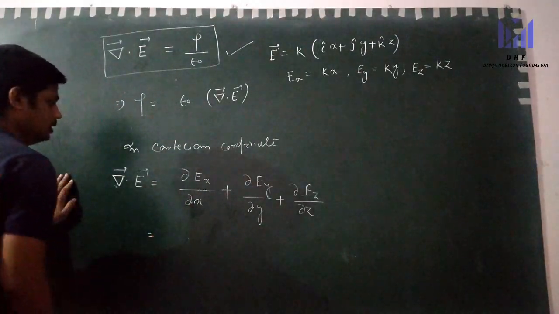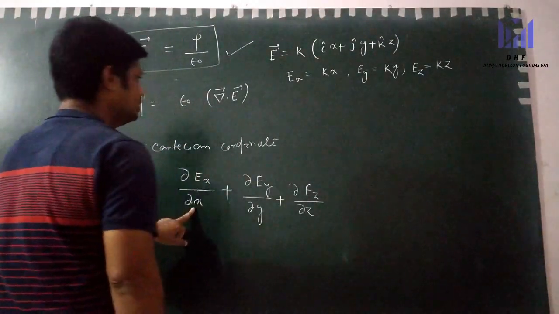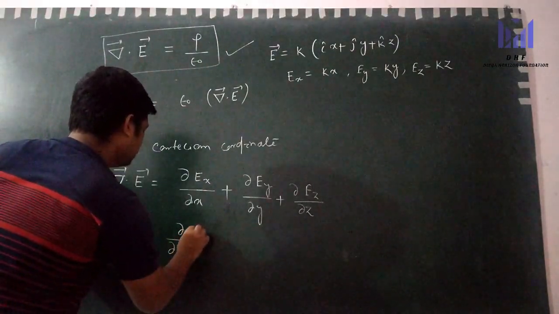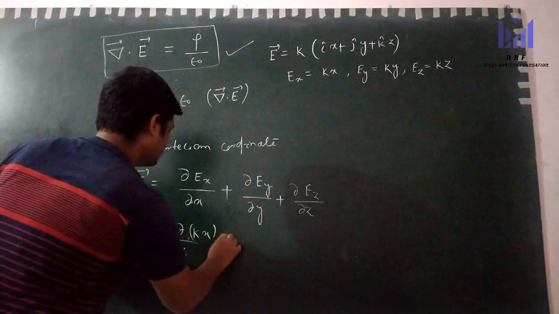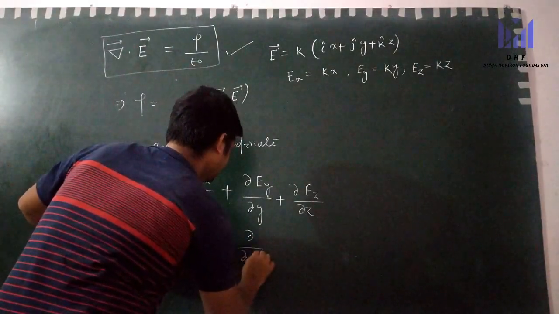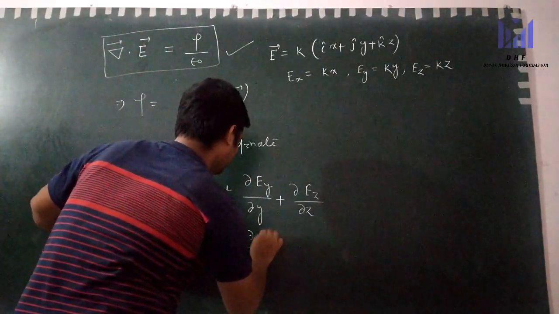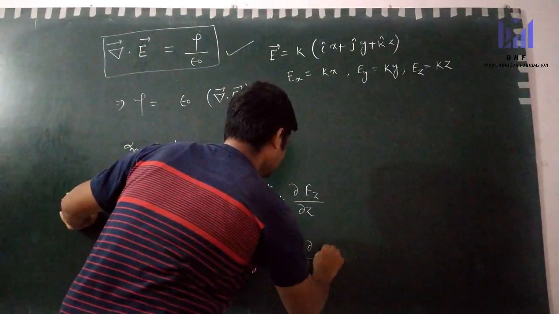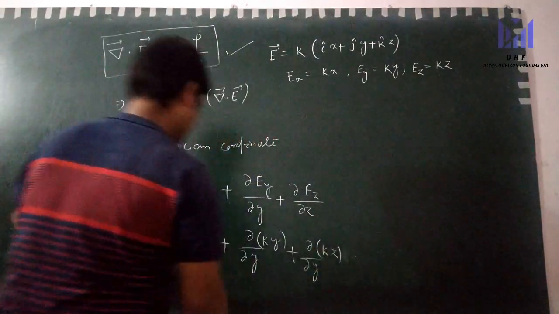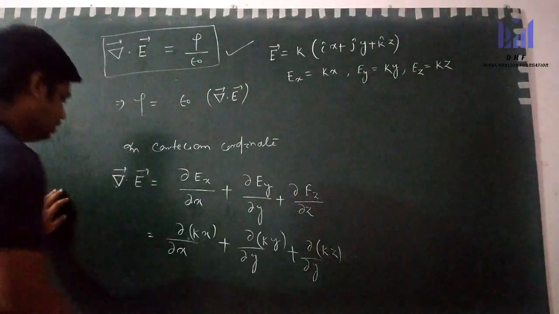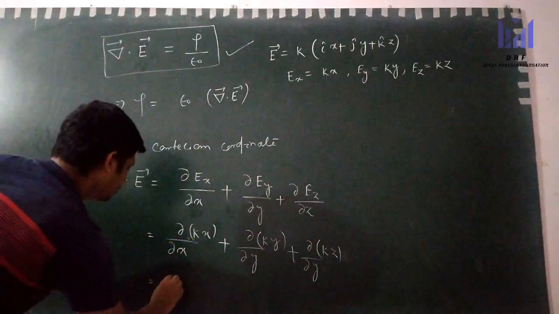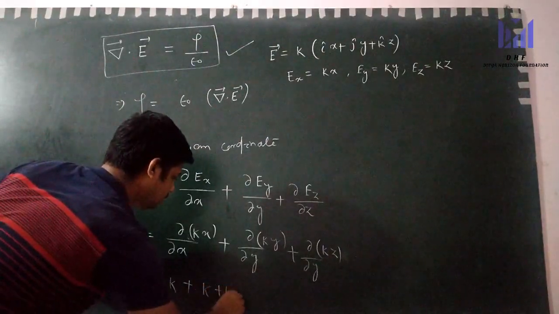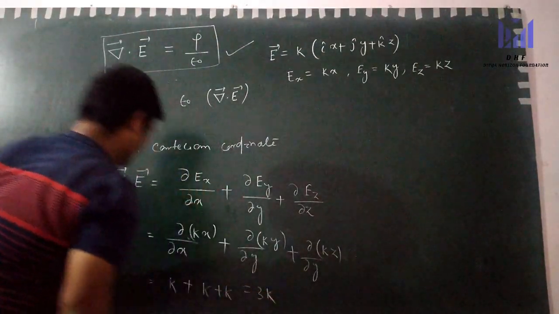So the derivative of Ex with respect to x means del by del x of kx, plus del by del y of ky, plus del by del z of kz. Here k is a constant, so each derivative gives k, and the final result is 3k.